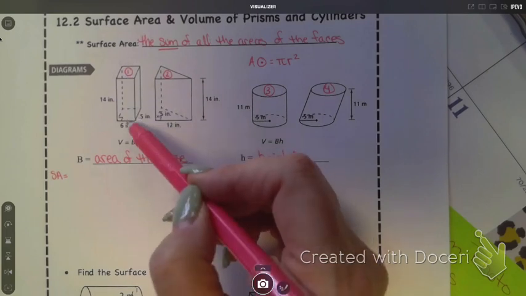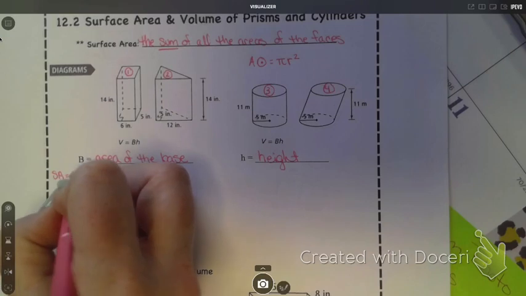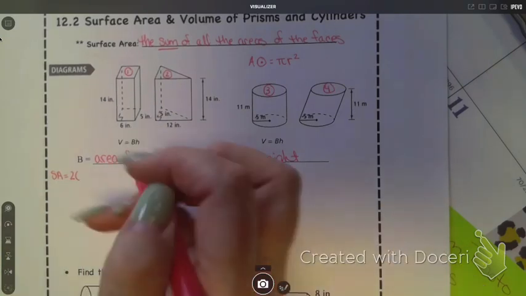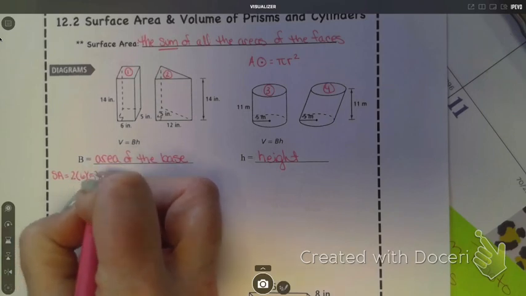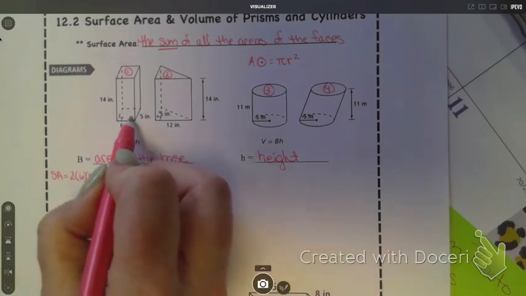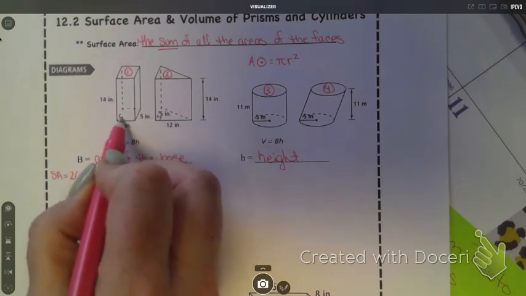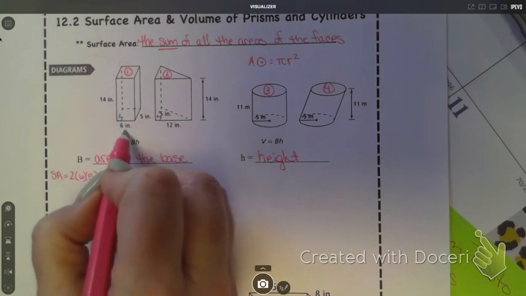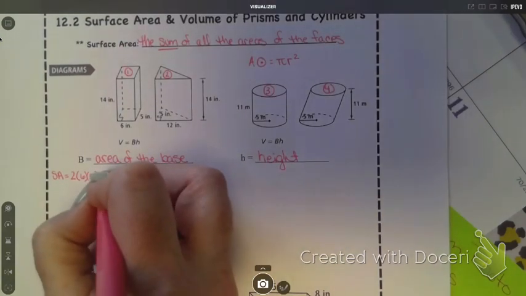So I have the bottom and the top. So I could take 2 times 6 times 5, right? Plus, let's see the front. What are the dimensions of the front of this? 14 and 6. 14 and 6, but I have a front and a back. So I have 2 of those again.